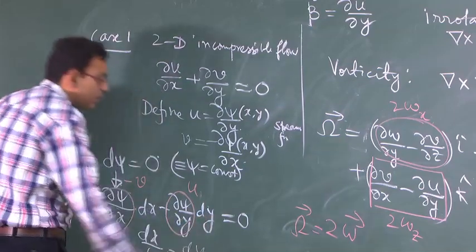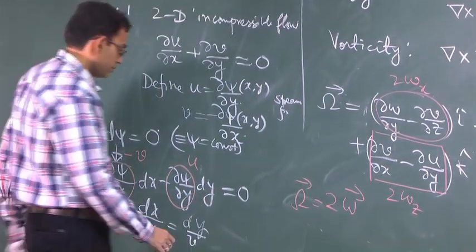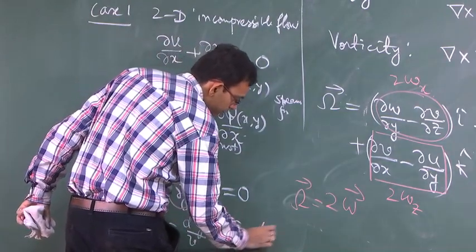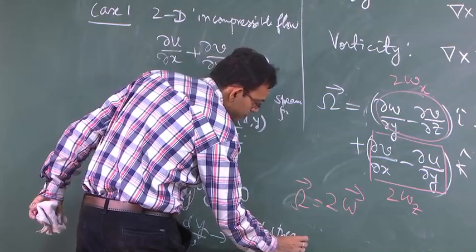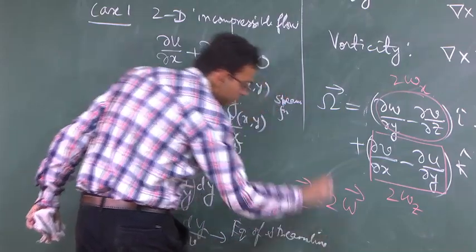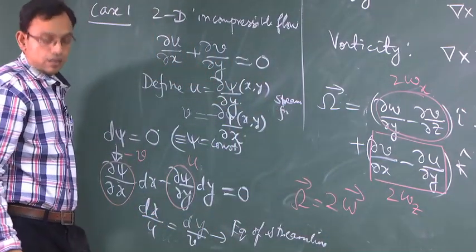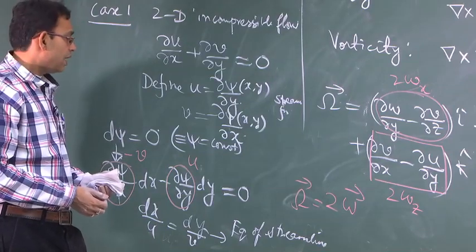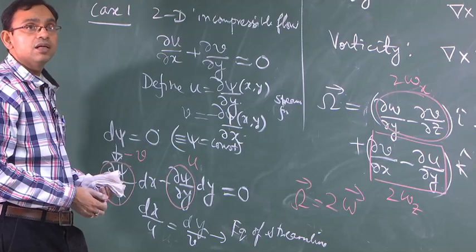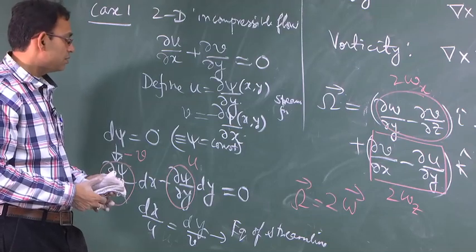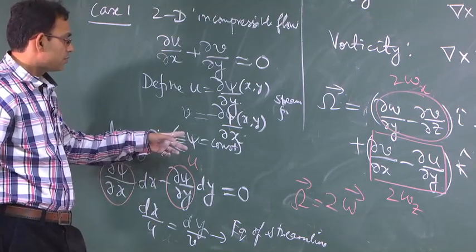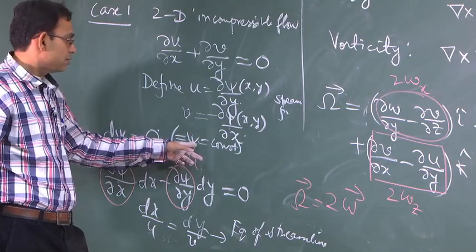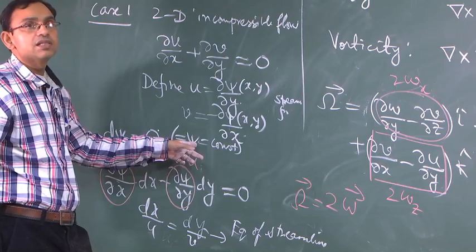This is the equation of a streamline, and we have just seen that for a streamline you have psi equal to constant. So, psi equal to constant essentially represents a streamline.